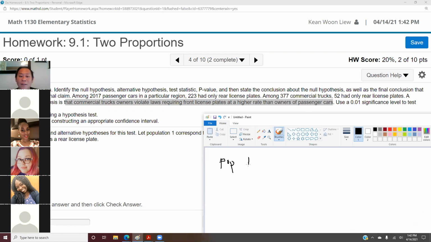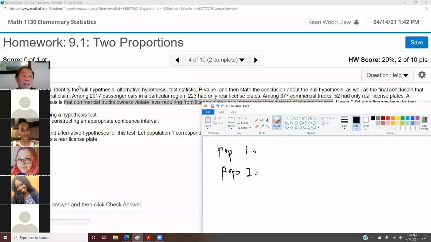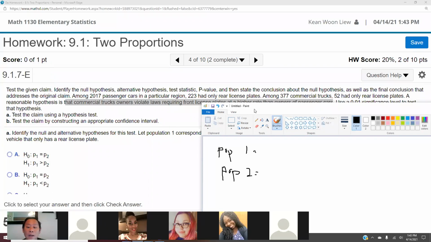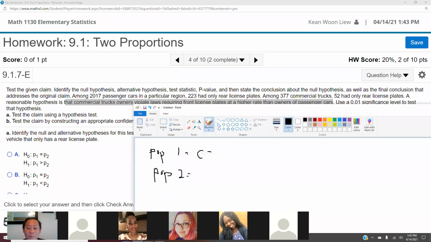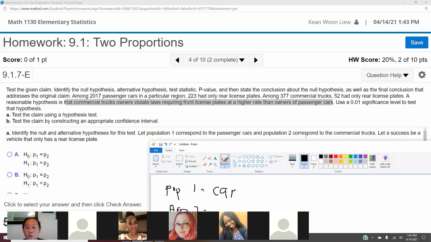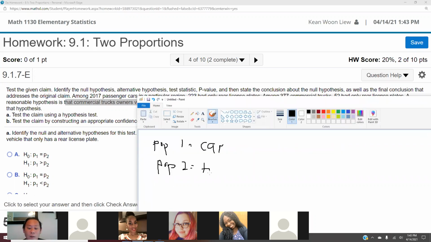This is very tricky. Now, if you read the question in part A here, they want population 1 as the passenger car, and population 2 is the commercial truck.